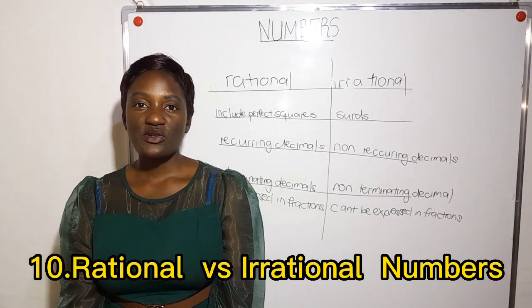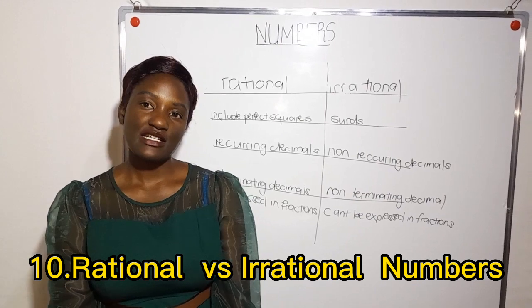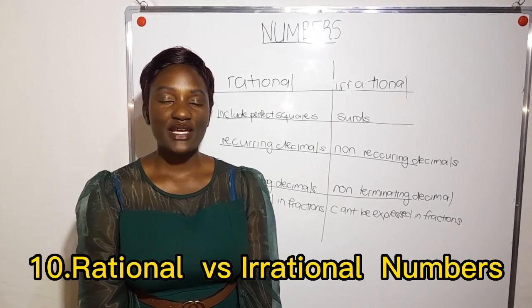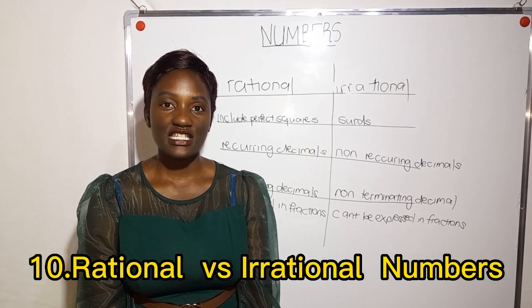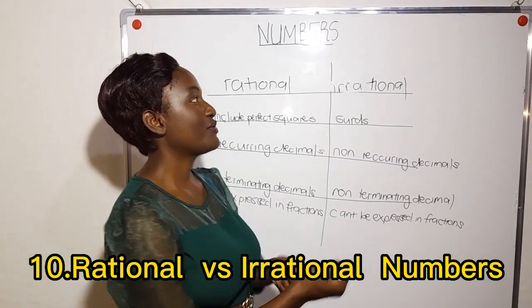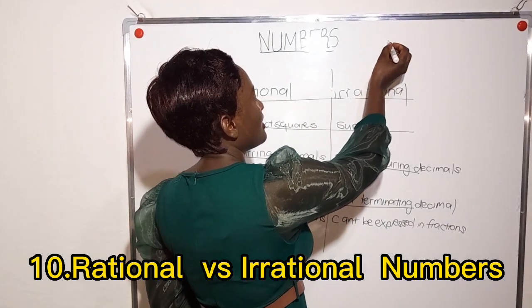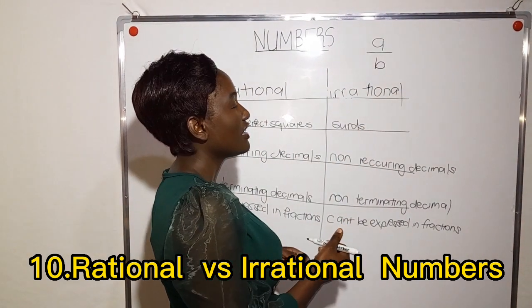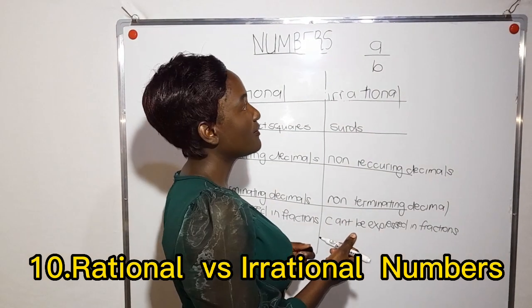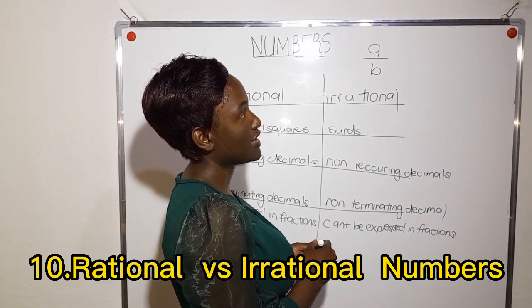Lastly, we are going to look at rational and irrational numbers. Rational numbers are numbers that can be expressed as fractions, for example a over b, where b is not equal to 0.